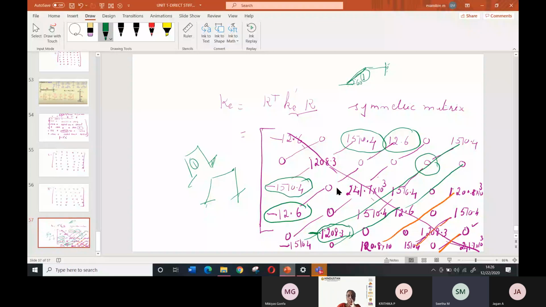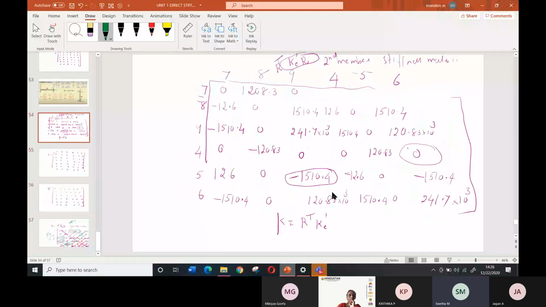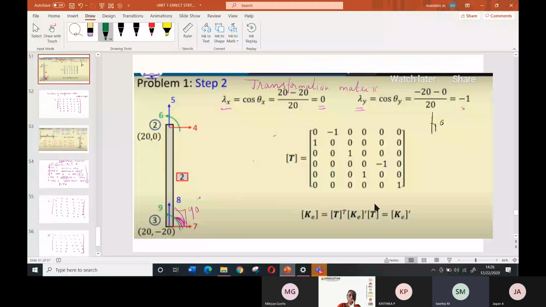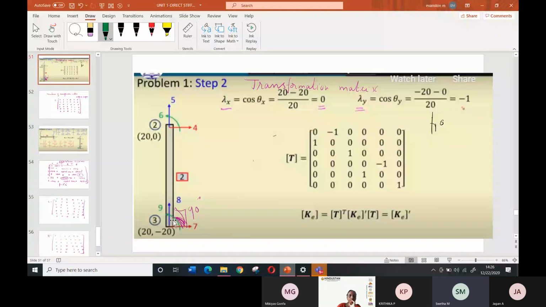Did we commit any mistake in formulating the rotation matrix? Rotation matrix should be in the clockwise direction. So this is clockwise. For them, they have taken us 0, minus 1.